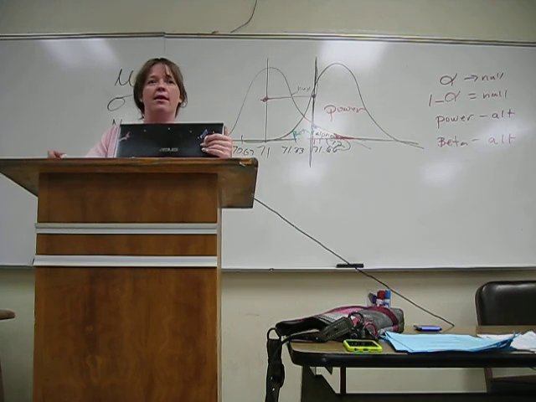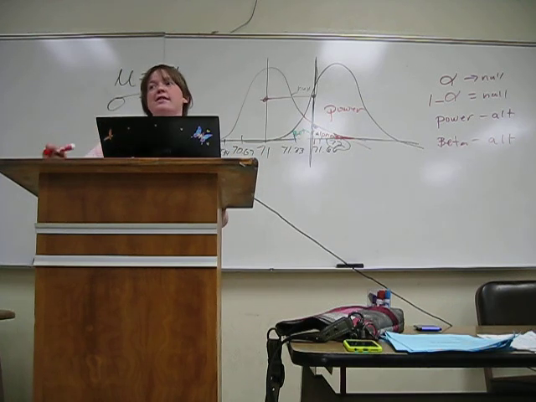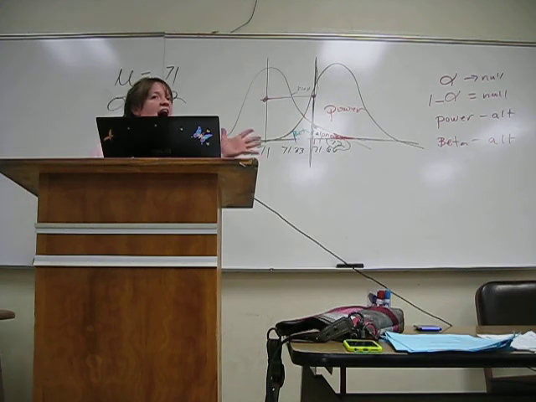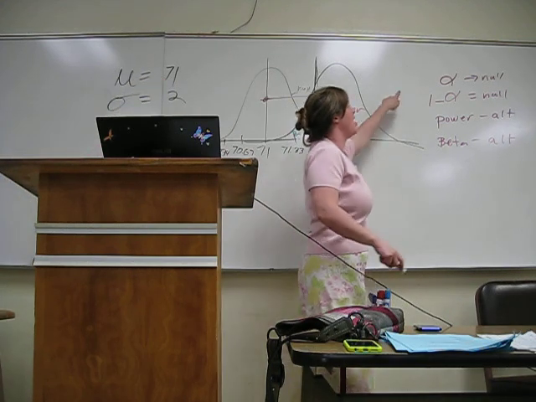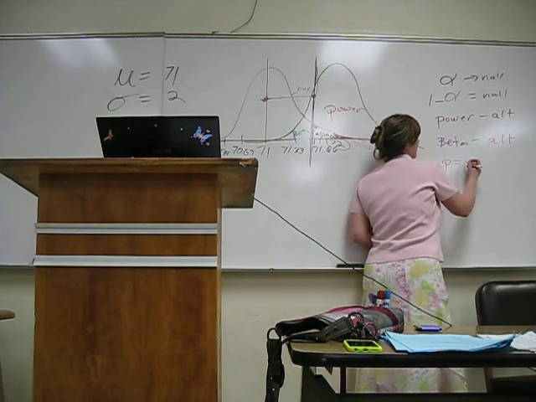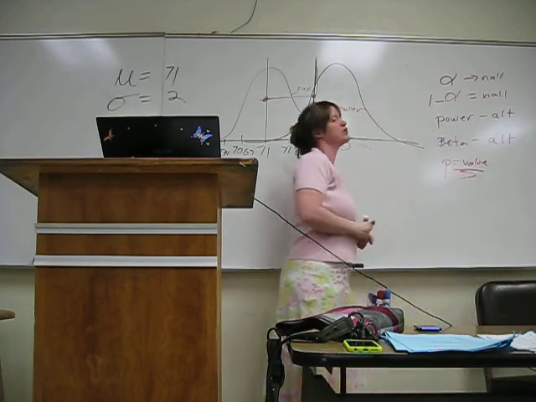Let me say that again so that you could write it down. A p-value is the probability of data, your data or data more extreme if the null is true. Those 5 concepts, alpha, 1 minus alpha, power, beta, and a p-value will be on the exam. So make sure you familiarize yourself with them.